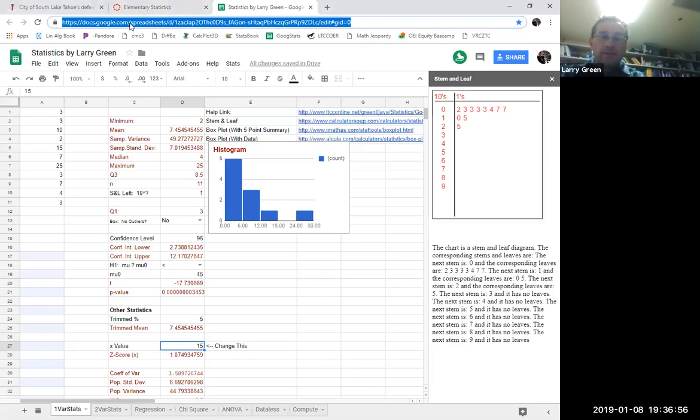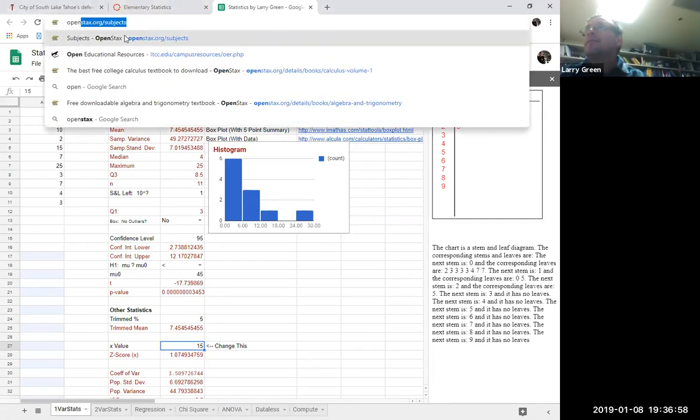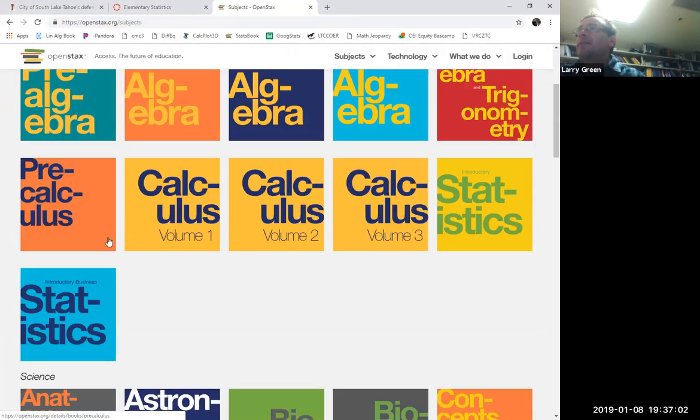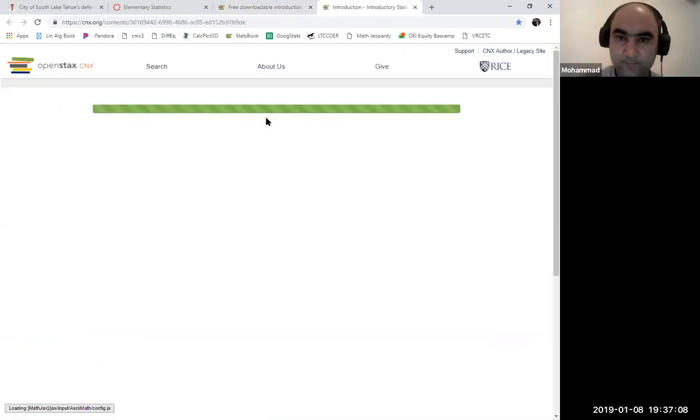In fact, I can share and go to the book so you can see it. This one, I think. OpenStax. And let's go to it. If you go to view online, yes.